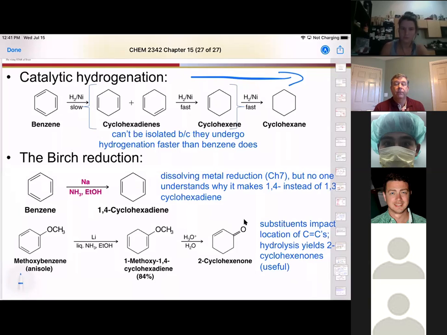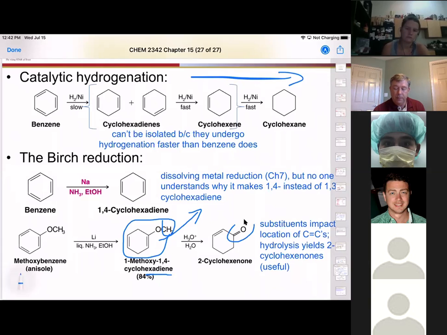It would form first the ether functionality here, this ether of the cyclohexadiene, and then we could further use an acid-based ether clipping mechanism. They would clip it off to give us an alcohol, but that would give us an enol, which would rearrange to give us a ketone.